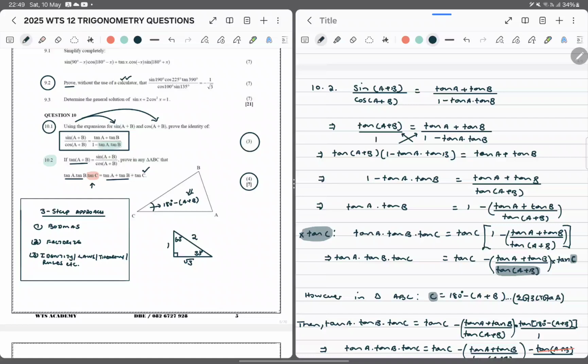All right, now, let's have a look. What did we do? We used an identity here. Now, making something the subject of the formula is not really that interesting, okay? But I think what is interesting is this step.